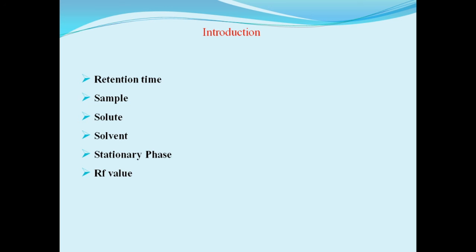If the Rf value of a solute is 0, the solute remains in the stationary phase and thus it is immobile. If the Rf value is equal to 1, then the solute has no affinity for the stationary phase and travels with the solvent front.